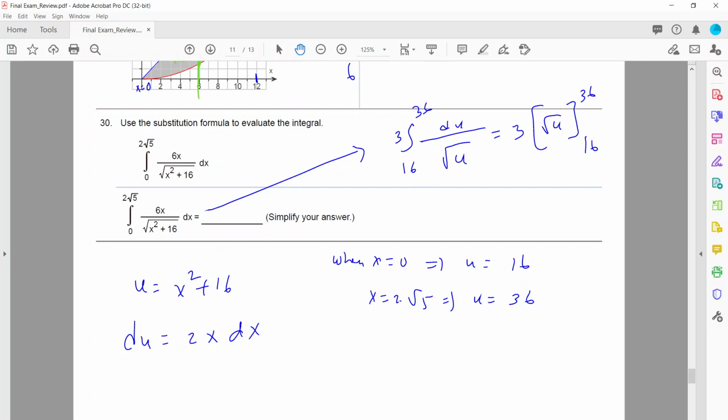So if you just put u equal 36, so square root of 36 minus square root of 16, which is 6 minus 4, which is 2. So 2 times 3 is 6. So the answer for this problem is 6.